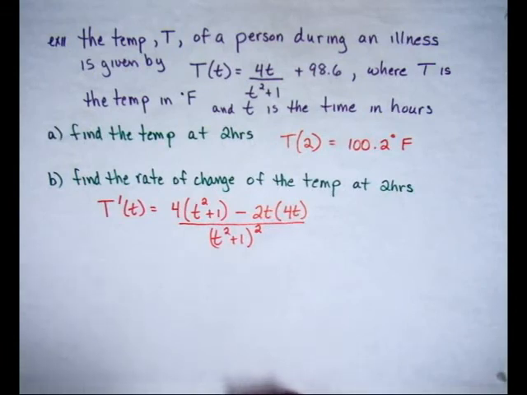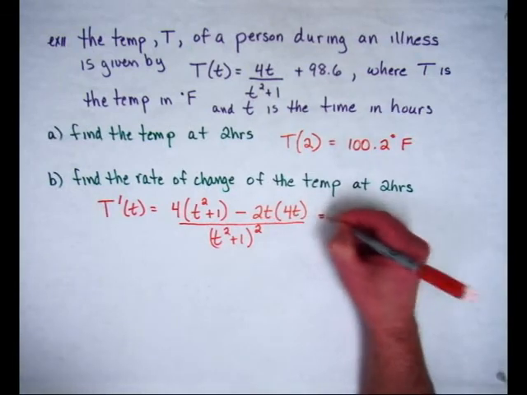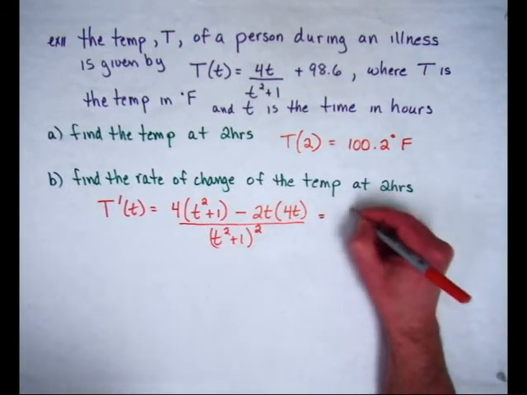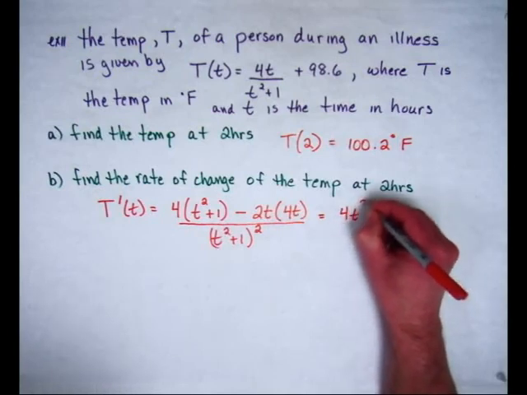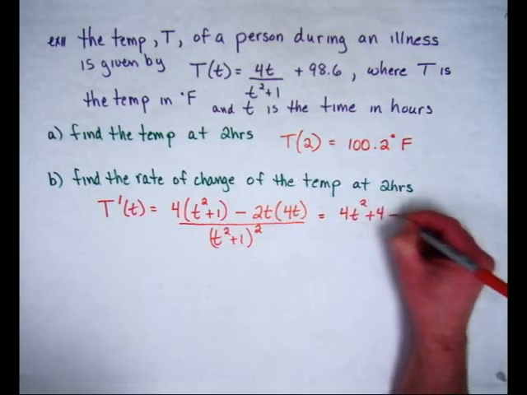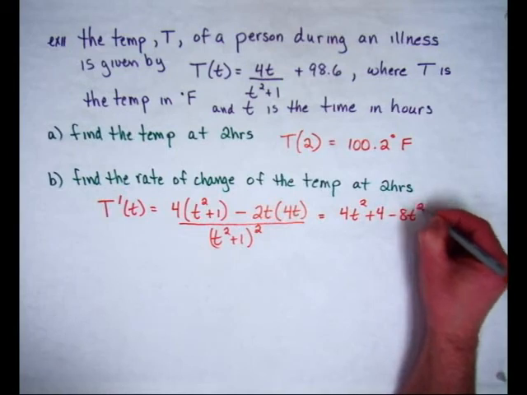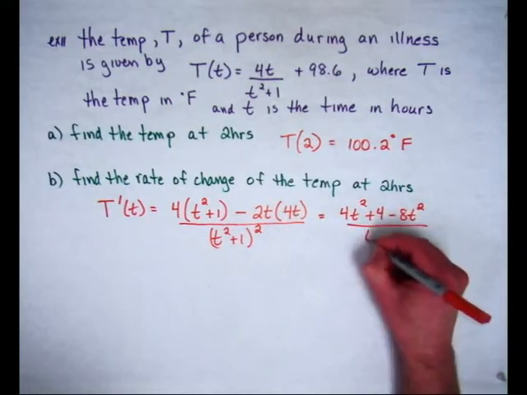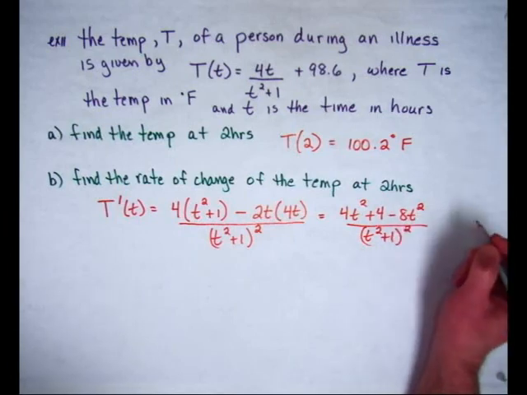Now we're going to have to plug in our value of 2, so we could simplify our derivative. It's good practice for us to do that. So what we could do is distribute through the brackets and get 4t squared plus 4 minus 8t squared, all over t squared plus 1, all squared.